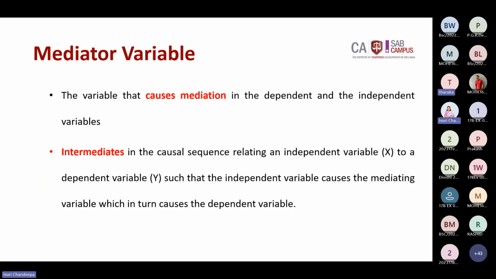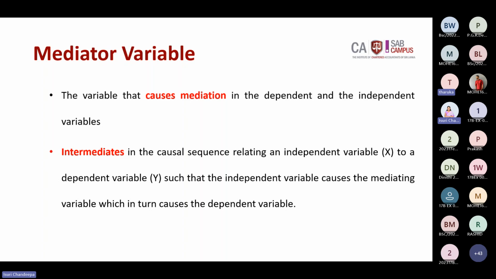The mediator variable is the variable that causes mediation between the dependent and independent variable. Or else it intermediates. It intermediates the causal consequences relating an independent variable to the dependent variable.